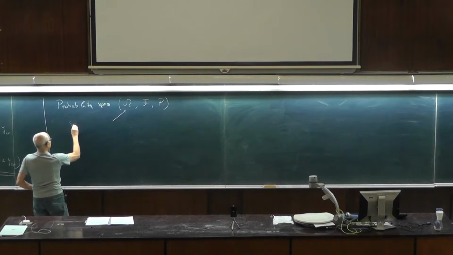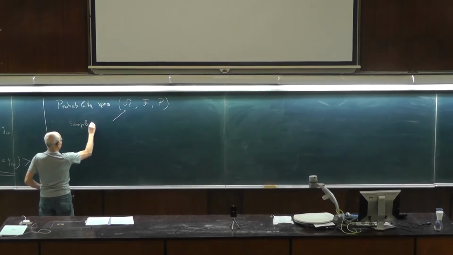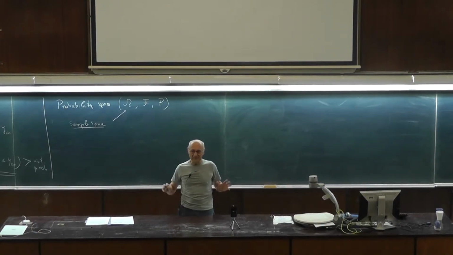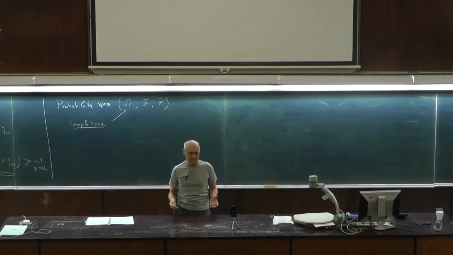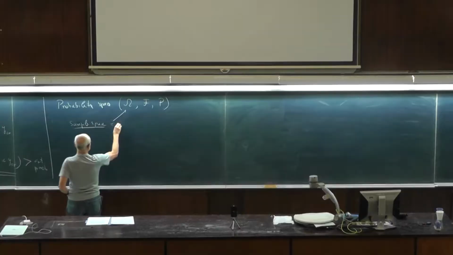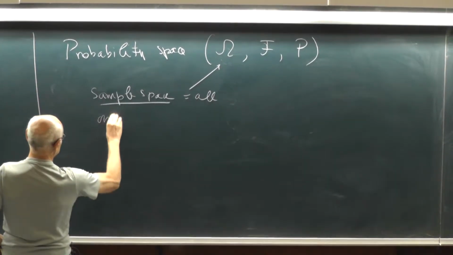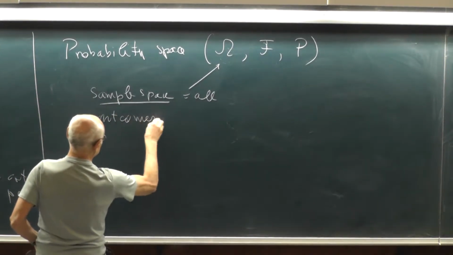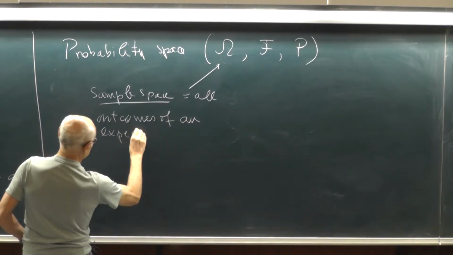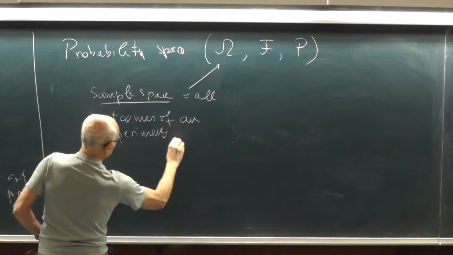Sample space. Sample space contains all the possible outcomes of an experiment. Example.